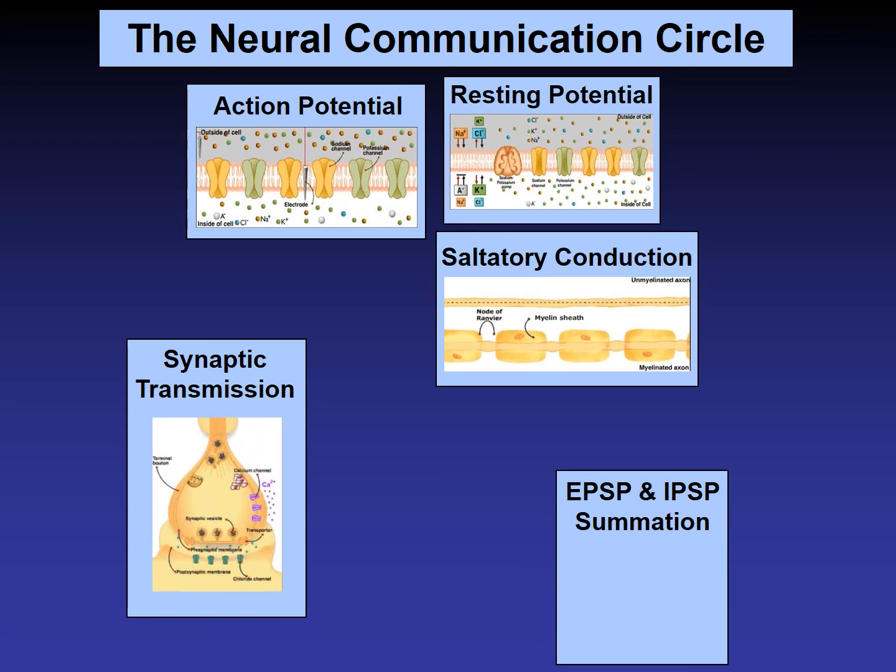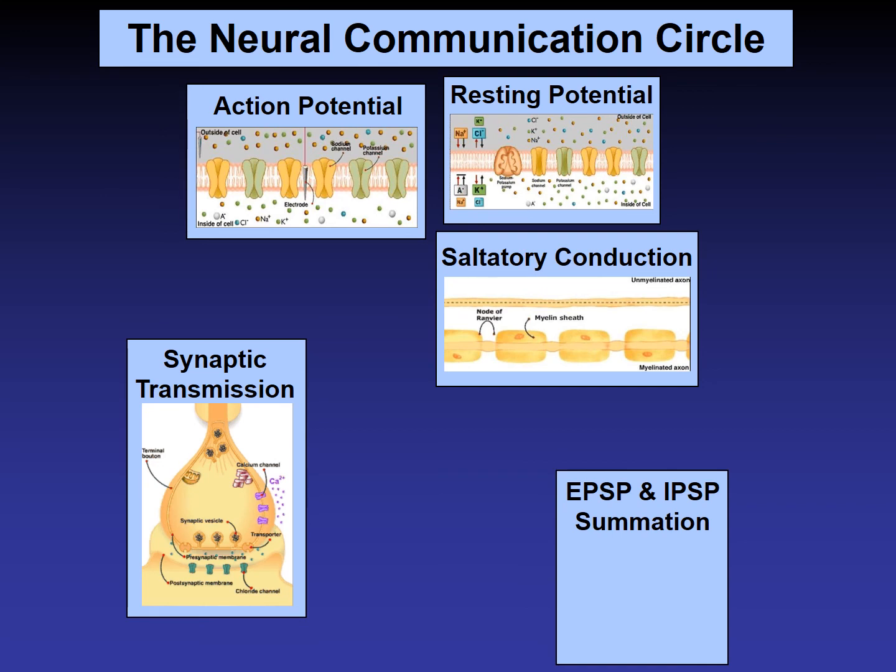And then the next thing we discussed was synaptic transmission. We noted how the action potential arriving at the axon terminal in the terminal bouton will cause the initiation of exocytosis, whereby the neurotransmitter in synaptic vesicles is flushed into the synaptic cleft, and how the neurotransmitter will go across the synaptic cleft to bind to receptors in the postsynaptic cell.